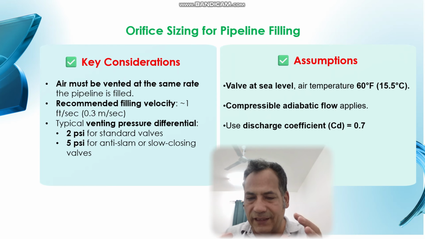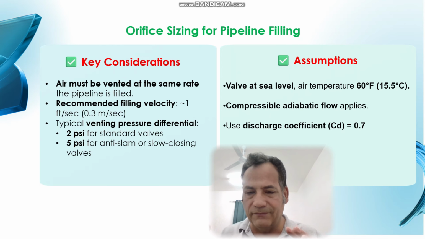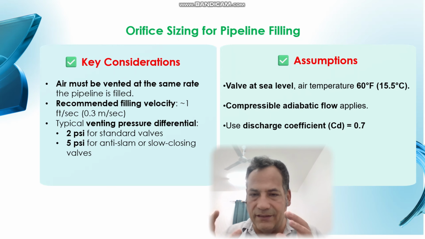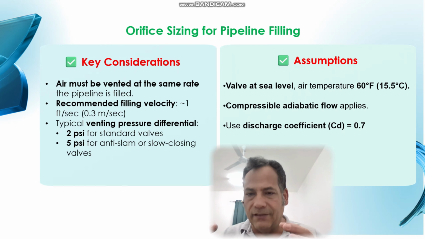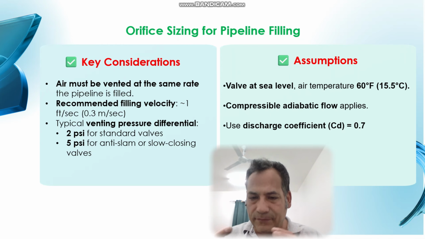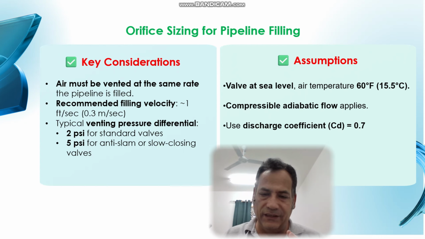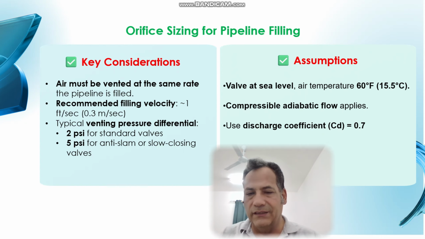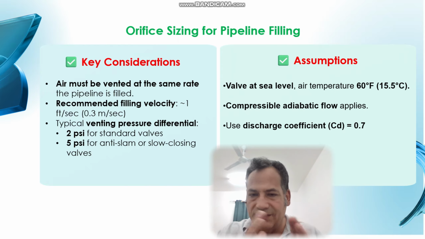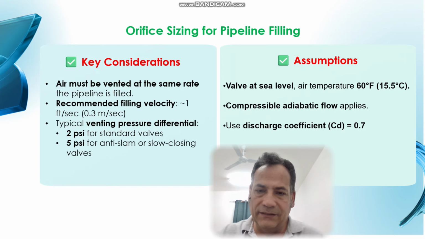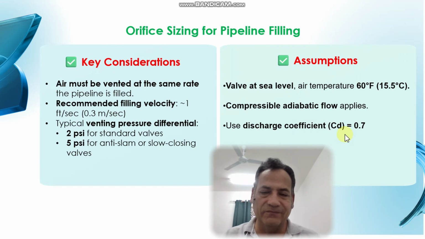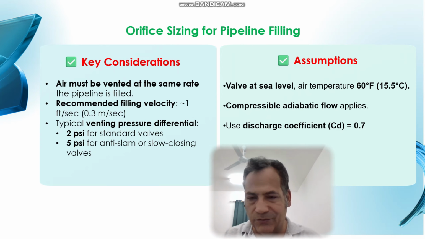It means the air inside the pipe we consider compressible and adiabatic, because we need to use some formulas and equations based on these two things, and use discharge coefficient CD, which is 0.7.